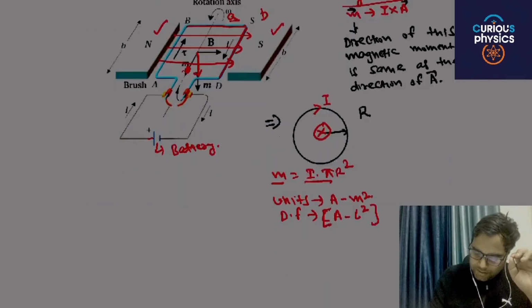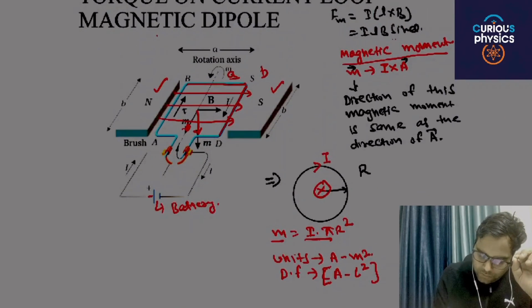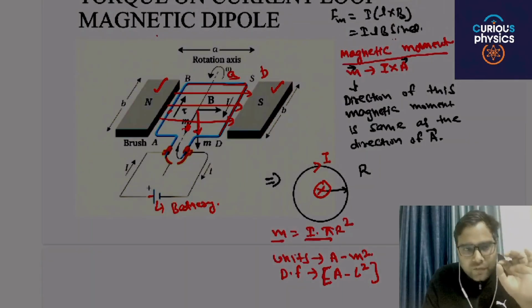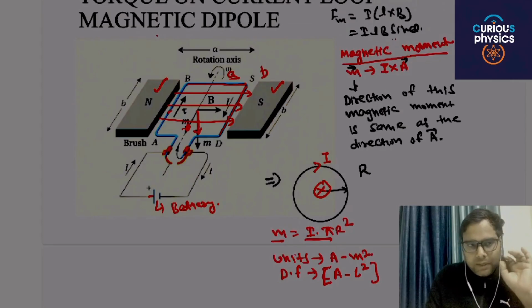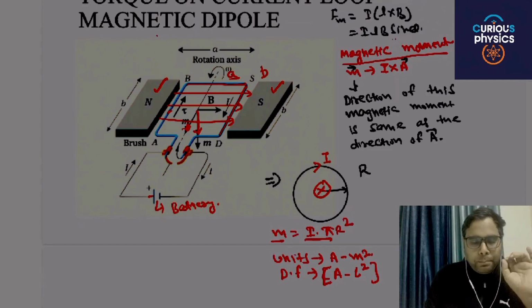Now, what will be the direction of force on this particular side AB and CD? The magnetic field is B, which is produced by these big magnets. Then what will be the force experienced by this AB?